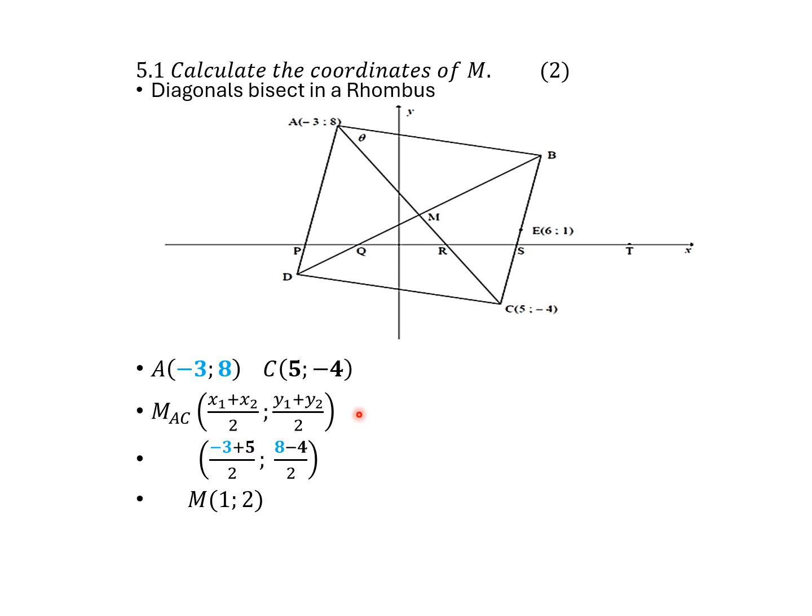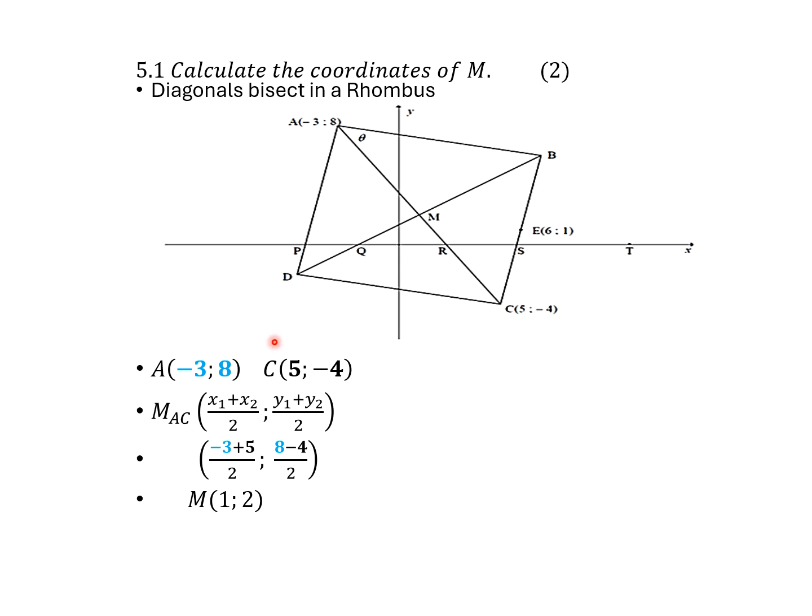So minus 3 plus 5 divided by 2, 8 minus 4 divided by 2. 5 minus 3 gives me 2, 2 divided by 2 gives me 1. 8 minus 4 gives me 4, 4 divided by 2 gives me 2. So the coordinates of M, my x value is 1, my y value is 2.